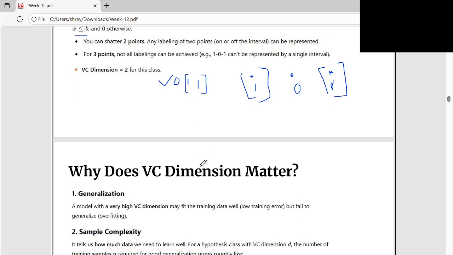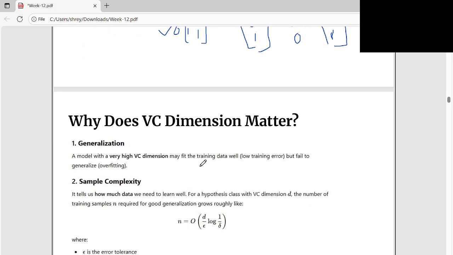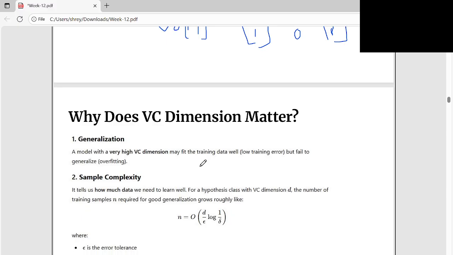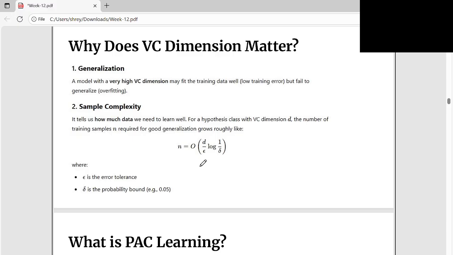From this VC dimension, in a theoretical way, I am not talking about anything practical, can we associate some meaning with these words or not? These terms are in the theory of machine learning, not in a practical way, right? So a model with very high VC dimension may fit the training data well, but fail to generalize. That is the problem of overfitting. Or in practice, if we have this overfitting issue, then obviously the VC dimension was high for that case, right?